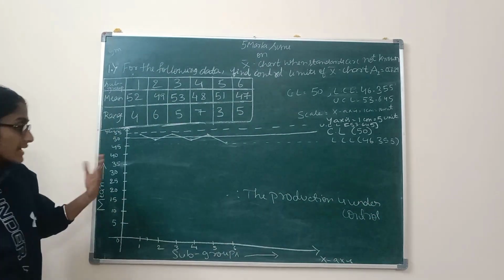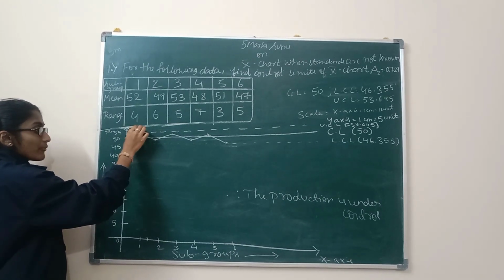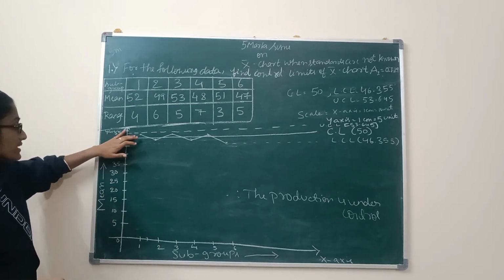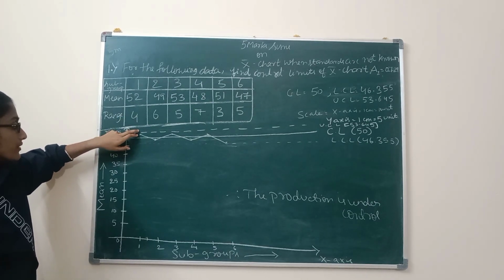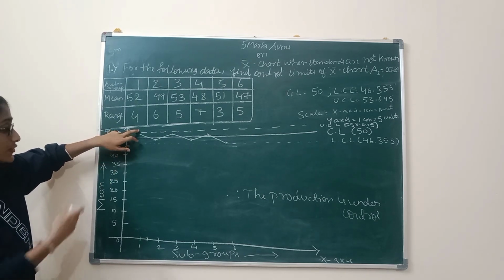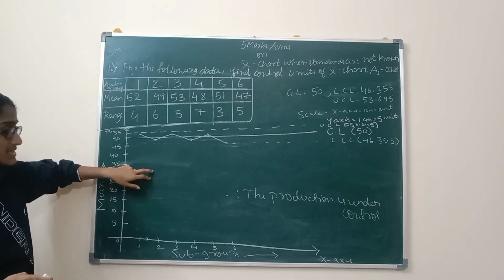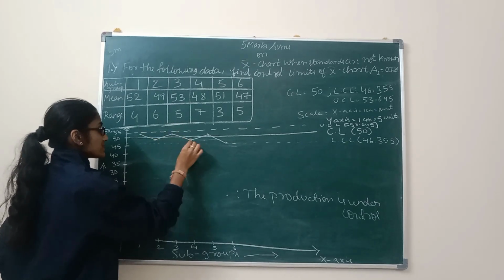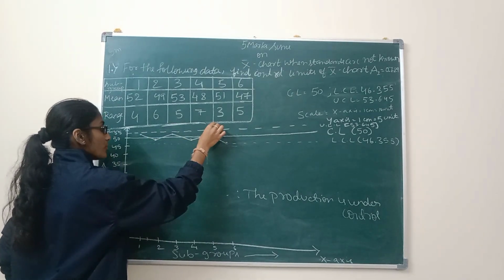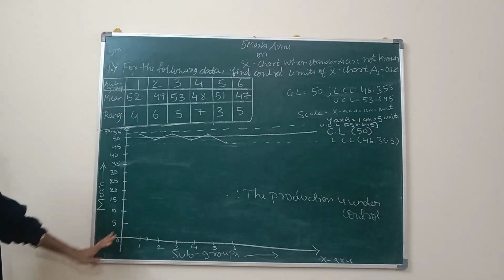If the point lies above the line, for example if we had 57 when the UCL value is only 53.645, if it exceeds the UCL value or is below the LCL value, then if the joined lines we have plotted come either above or below, we can understand that the production is not under control.